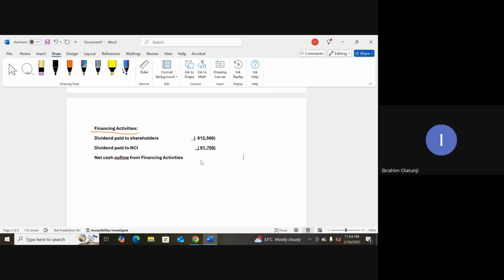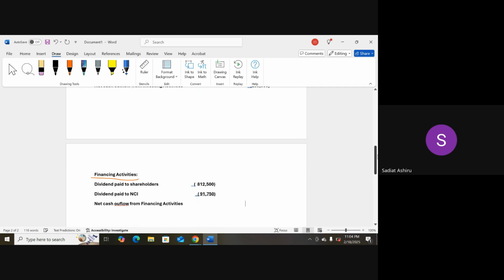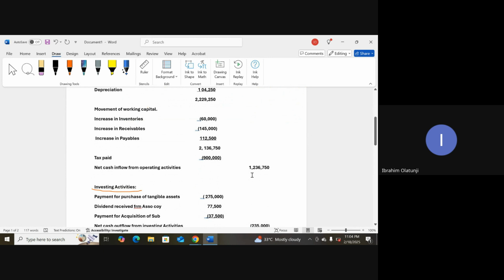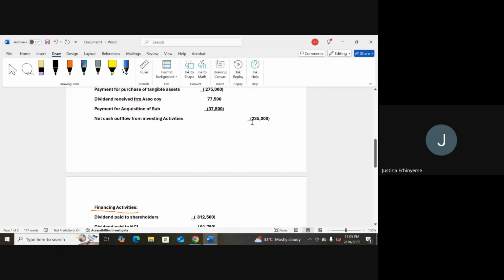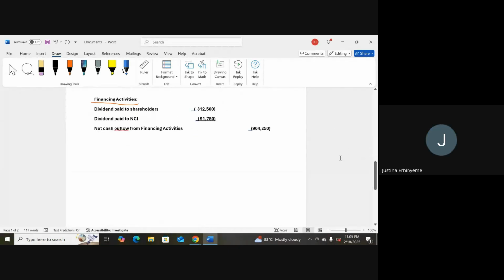So call it again. What do you have? 904,250. Then you can cast from the beginning, from here, followed by investing here, and followed by financing here. 97,500.